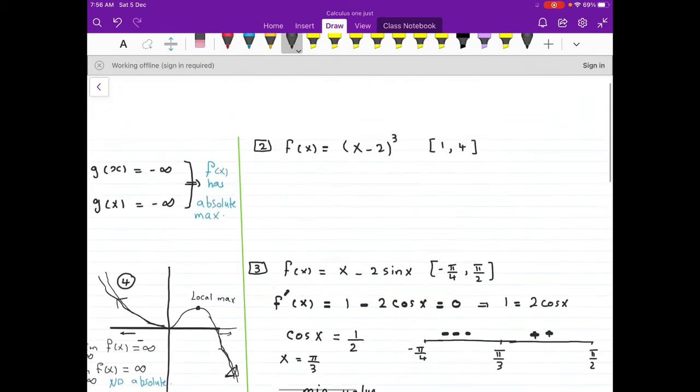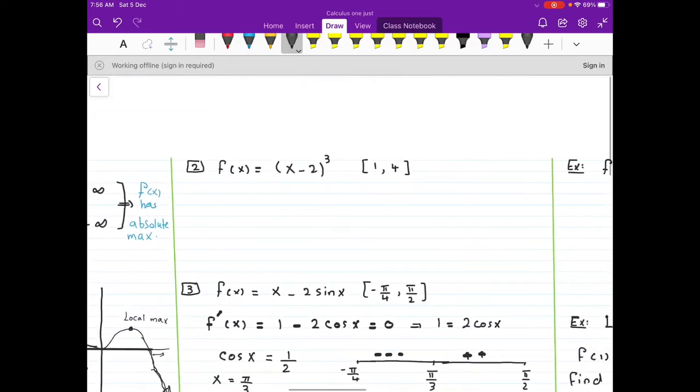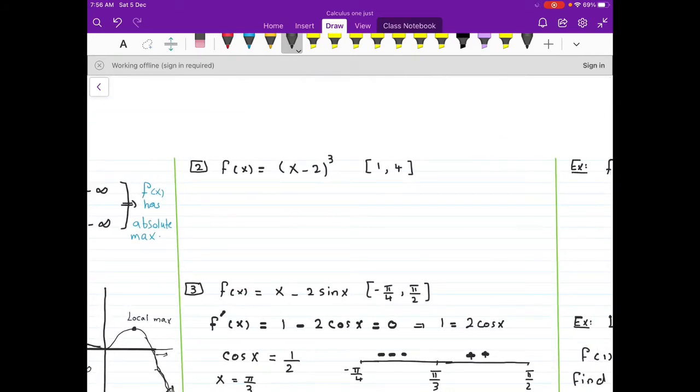Another example: f of x equals (x minus 2) to the power 3 on the interval [1, 4]. Now find f prime of x. f prime of x equals 3(x minus 2) squared. So x equals 2 is a critical number for the function. Now we want to study the sign of f prime.